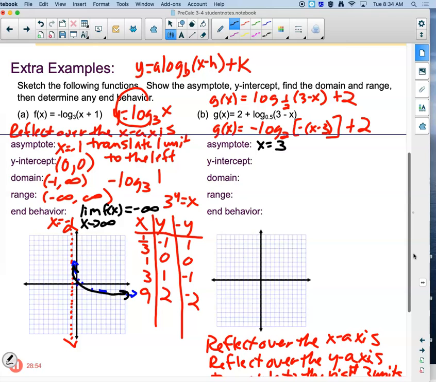Now the y-intercept with this one is not as nice and easy, because we really need to put it back into the original. So we've got 3 minus 0. So we're going to need to punch in, using the change of base formula, the logarithm of 3 divided by the logarithm of 1/2, and we can use natural logs for that. And then we'll add 2.